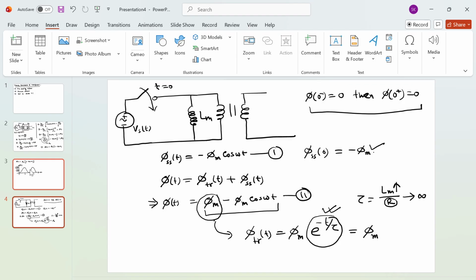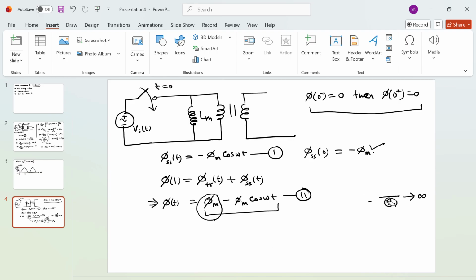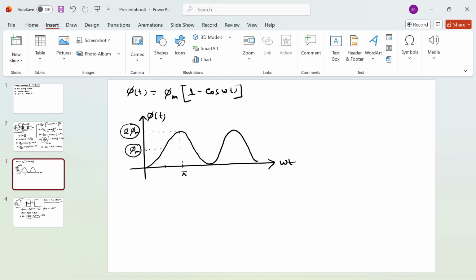Now it is pretty clear, from the intuition point of view, how the flux will behave if you perform some switching actions. Okay, now come to what will be the effect of this flux doubling.